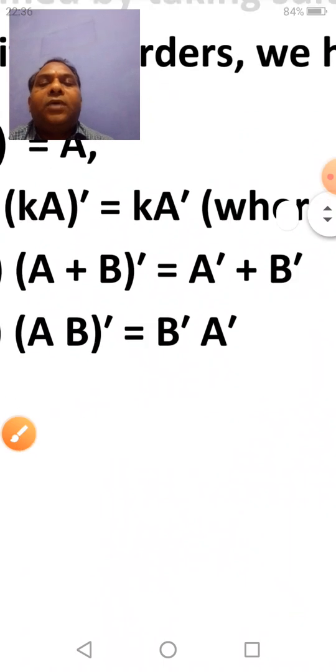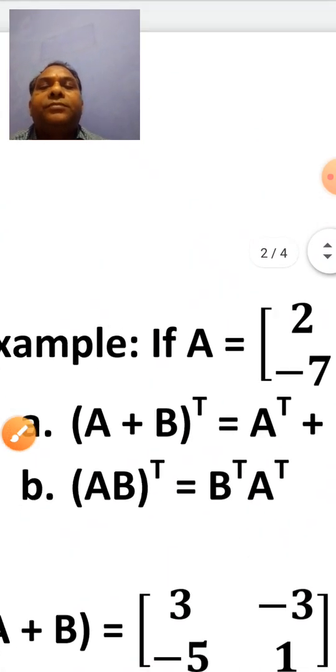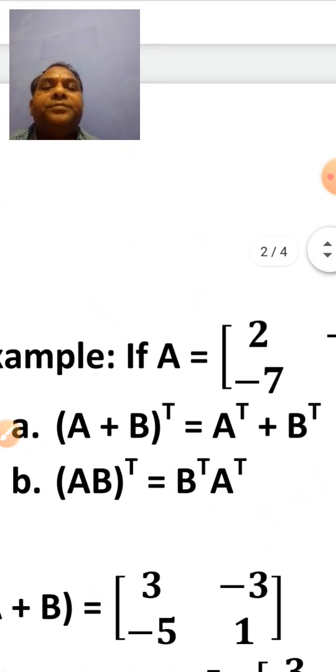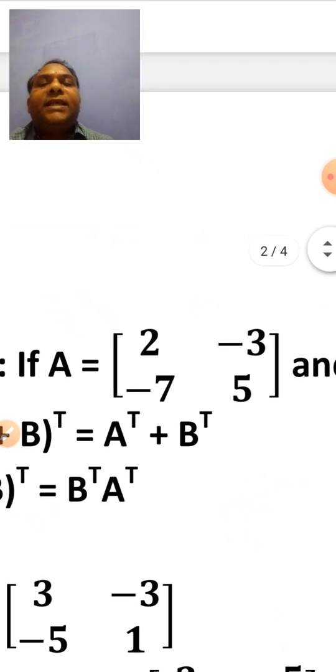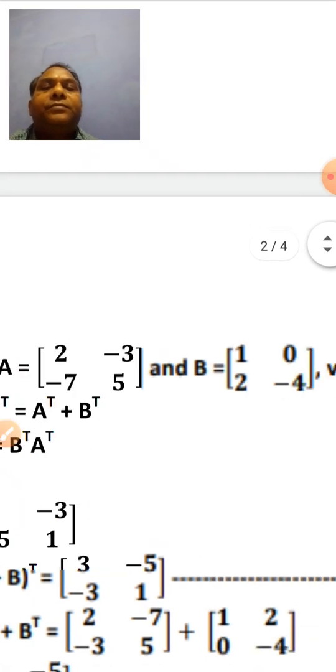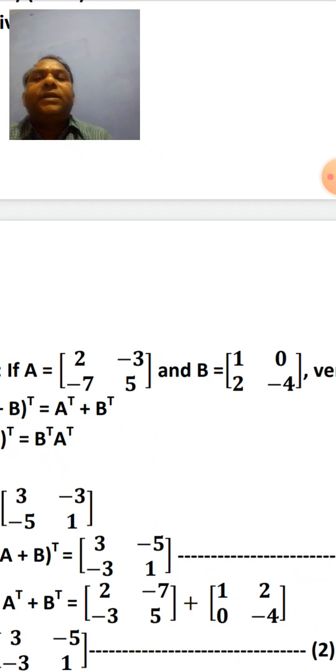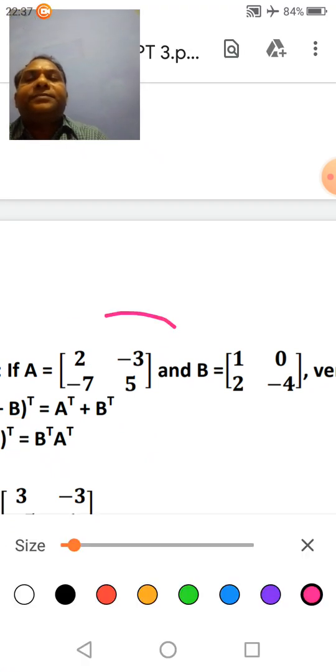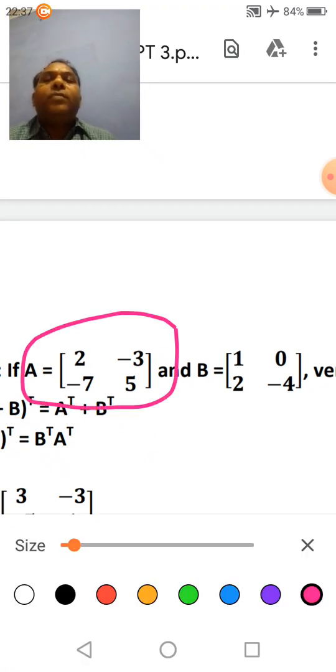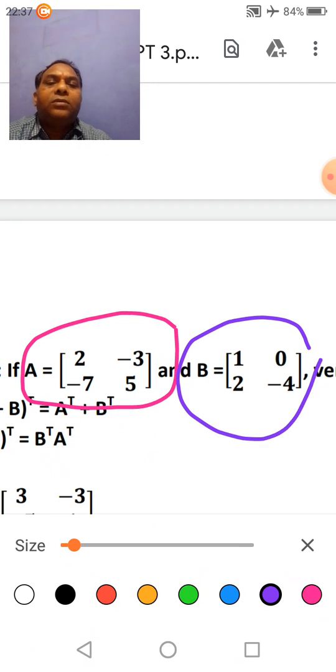Now, example. If matrices A and B are given, matrix A is row wise 2, -3, -7, 5, and matrix B is 1, 0, 2, -4 row wise. Clear?